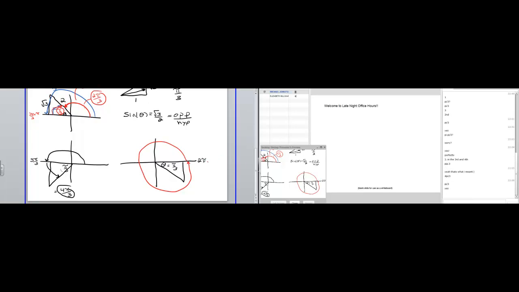Good. Do we agree that this is also known as 6 pi over 3? Excellent. So I didn't go the full rotation, did I, Elizabeth? We only went from 0 all the way around to this angle. So what am I going to have to do between 6 pi over 3 and pi over 3 to find my new angle?